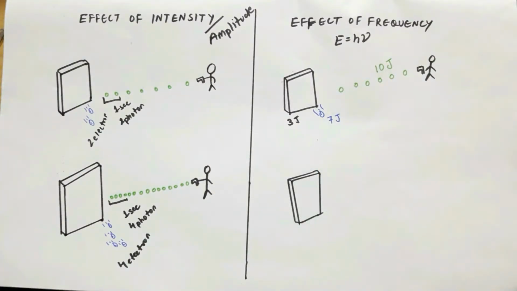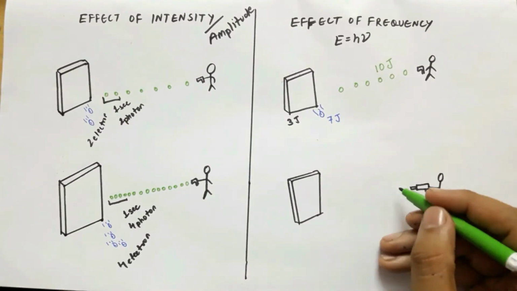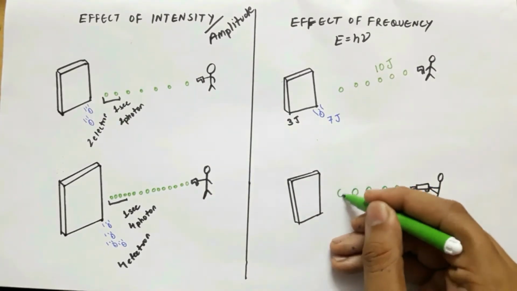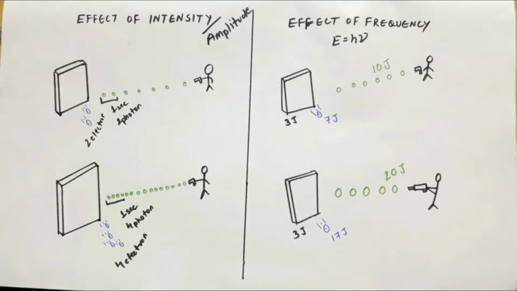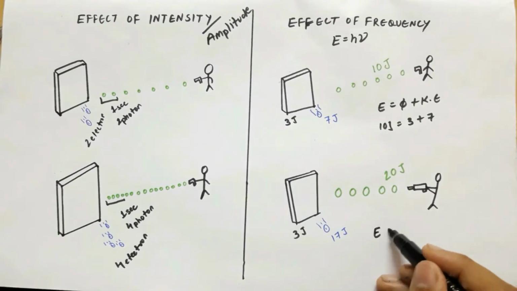In the second case, if we increase the energy of the photon, let us suppose to 20 joule, and here we take the same metal, then the energy of the ejected electron will be 20 minus 3, that is 17 joule. Here we see that increasing the frequency increases the kinetic energy of the ejected electron.